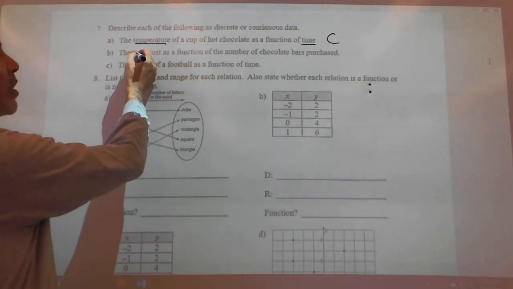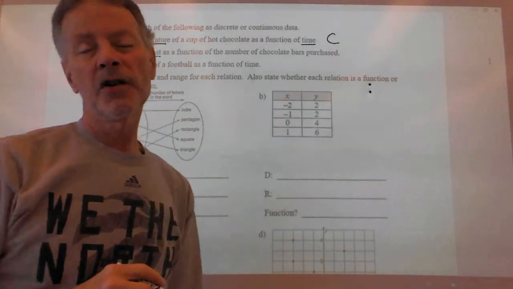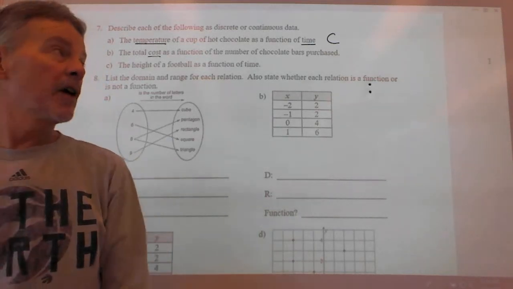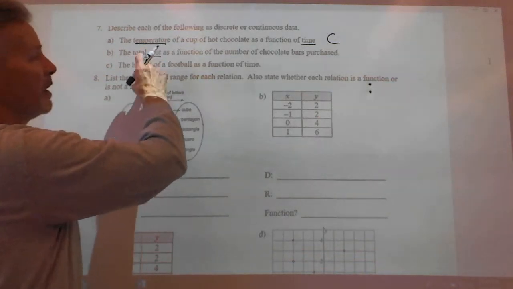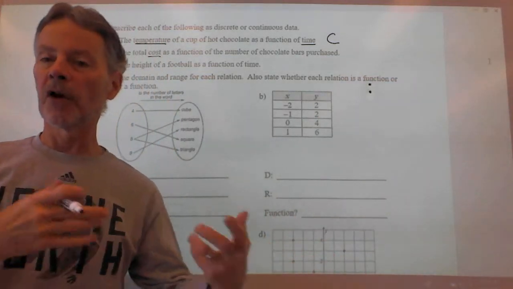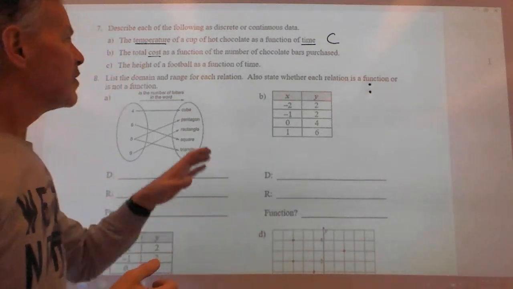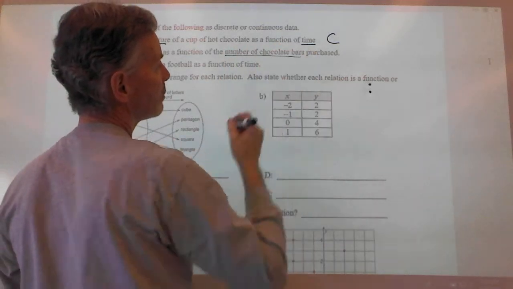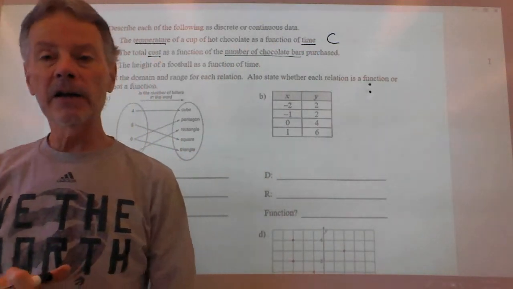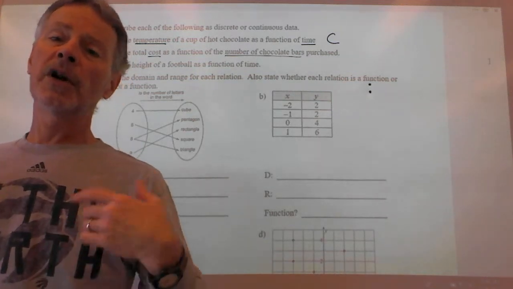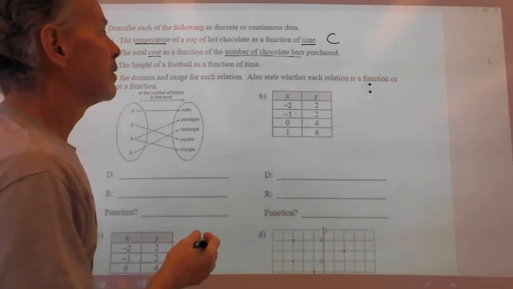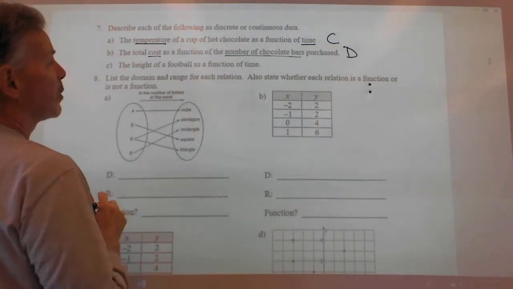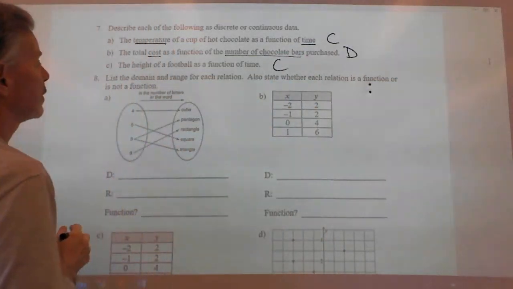Here we have cost, which, you could argue that you can't split cost up completely, but cost is something that you can express in a number of dollars and cents. So generally cost is taken to be continuous. However, number of chocolate bars, those are definitely objects, and you can't go into the store and say, could I have a third of a chocolate bar, please? So that's discrete. Height and time are both measurable, so that's continuous.